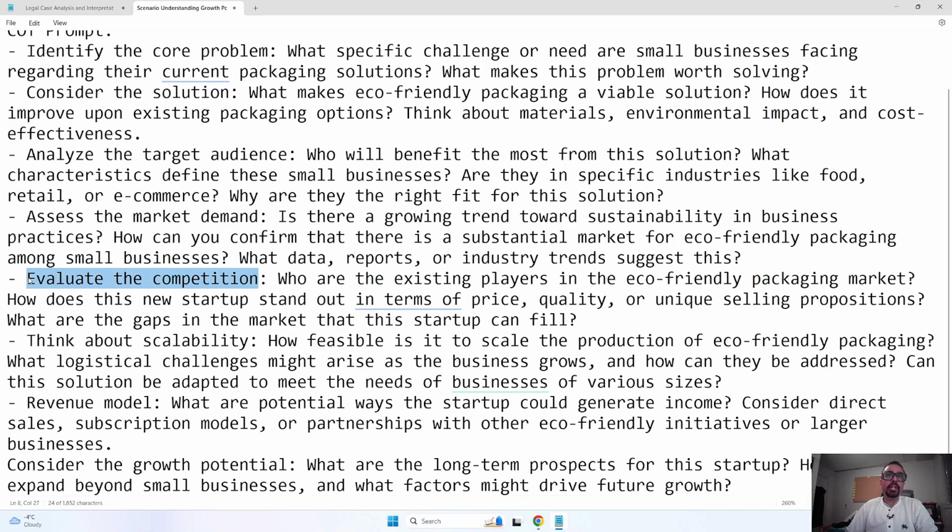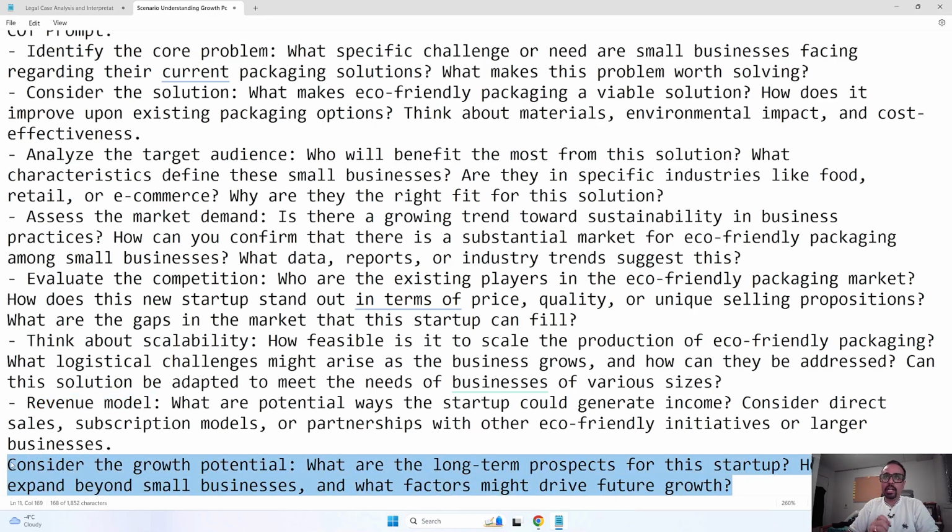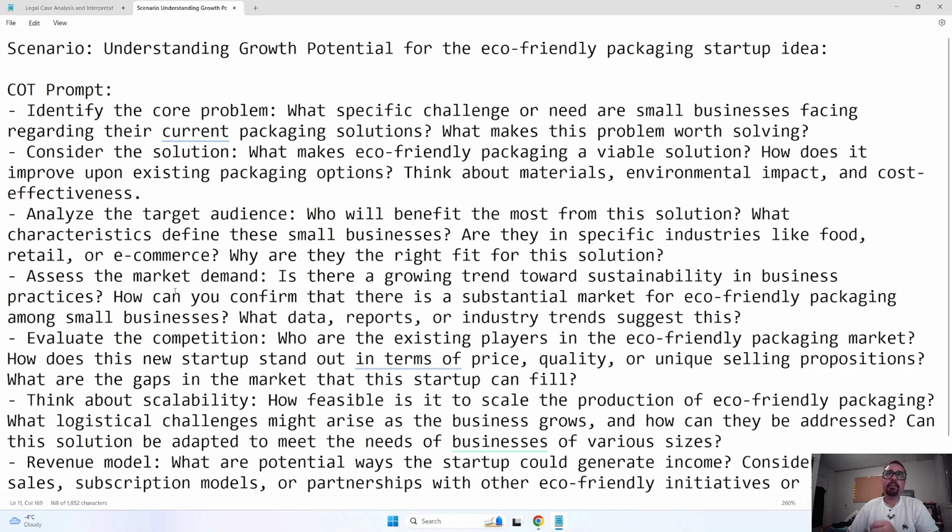Fourth, evaluate the competition. Fifth, think about scalability. Sixth is the revenue model. And last, I asked ChatGPT to give me a proper detailed answer for the entire research that I'm looking for, my startup growth potential. Now let's take it one by one.